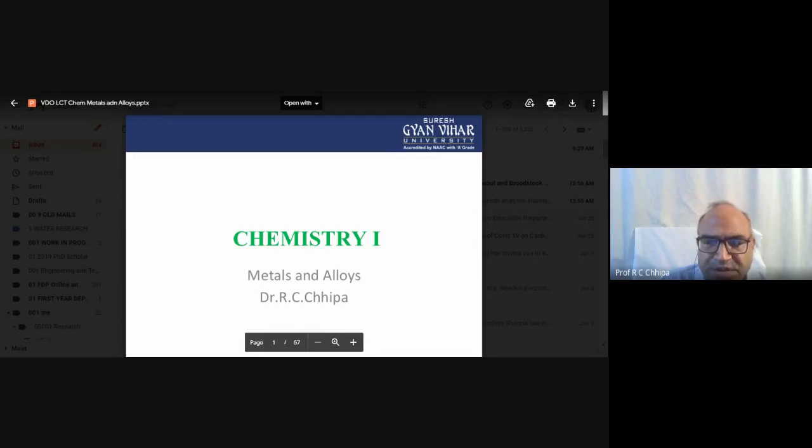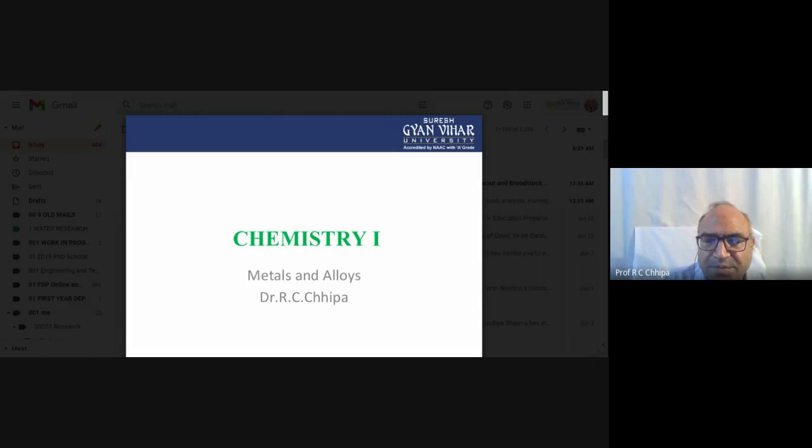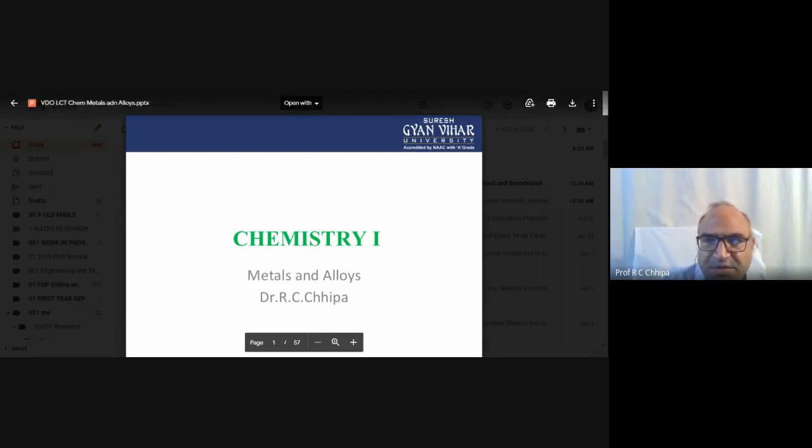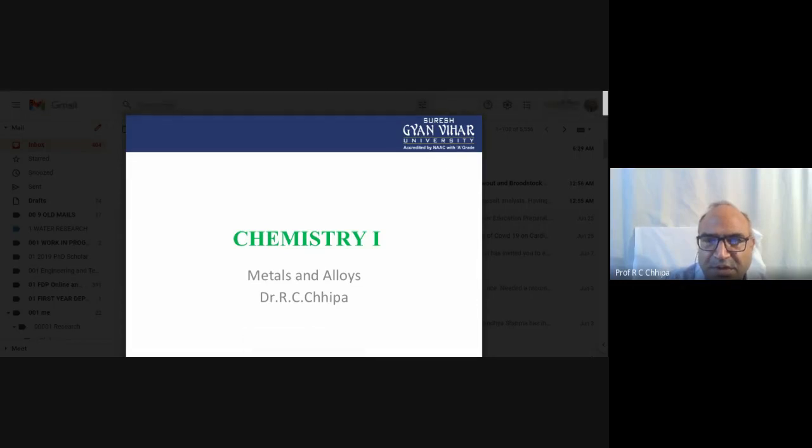A number of metals are there, including tungsten, zirconium, titanium. Sodium and potassium are also examples of metals.